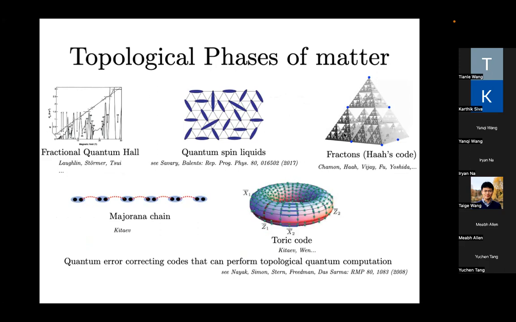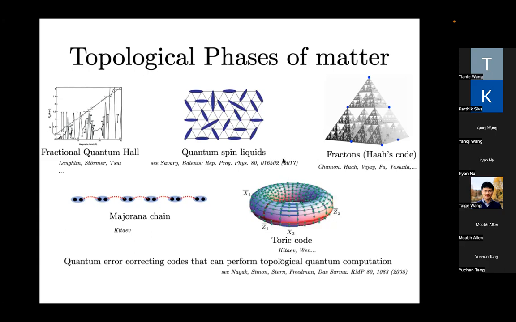And there are even very weird topological orders that don't seem to fit into the paradigm of the low energy topological quantum field theory, such as fracton phases, where you can create excitations that live on fractals and they behave in a very weird way in which we don't know how to take a continuum limit properly.